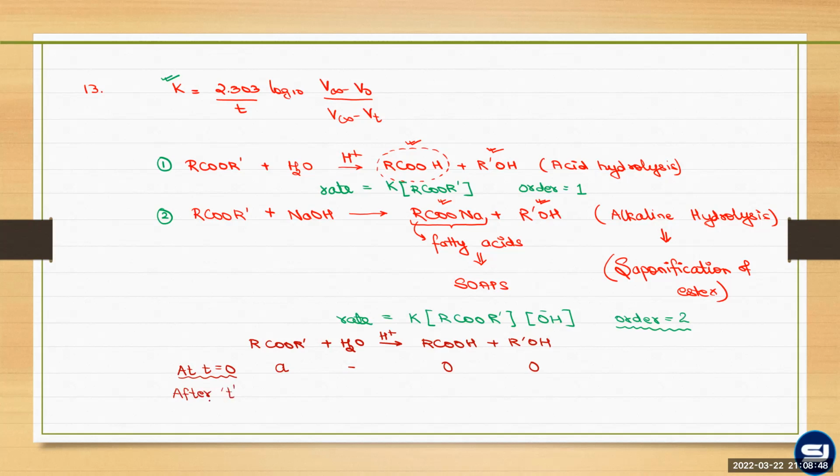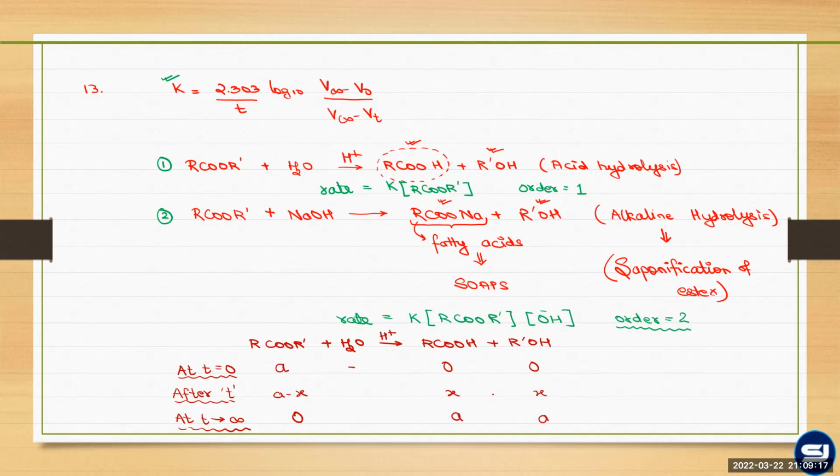Then after a time t, let's say the acid and alcohol formed is X and X. So the amount remaining of ester will be A minus X, and as the time tends to infinite, A minus X will tend to become 0. In that case, A will become equal to X.